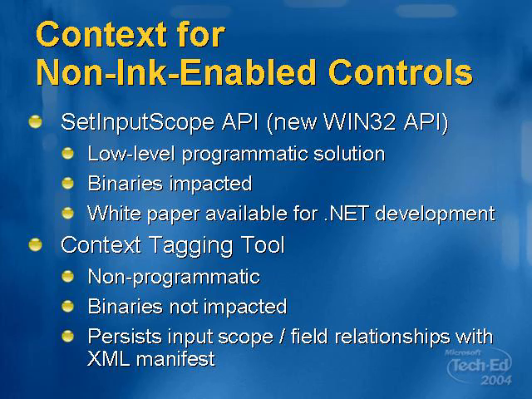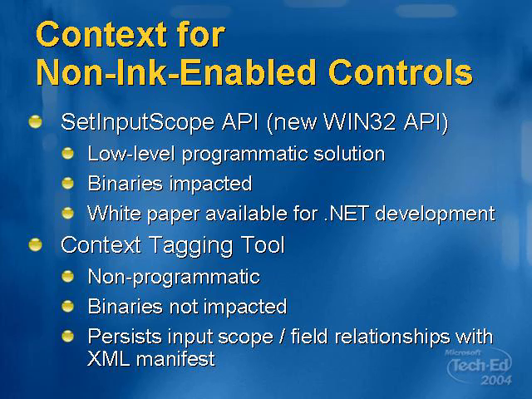The way you set context for the fields in your application is you can use the new set input scope APIs, which are documented in the 1.7 SDK, to programmatically set these. It's a Win32 API, and by probably late next week we'll have a white paper on our MSDN Developer Center that will show you how to set these from managed code. You can set them programmatically that way.